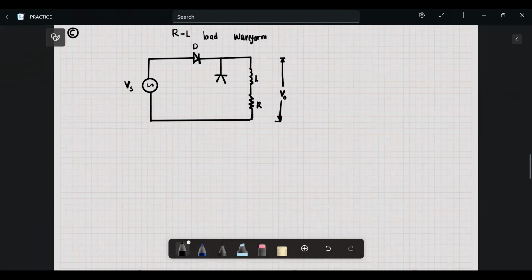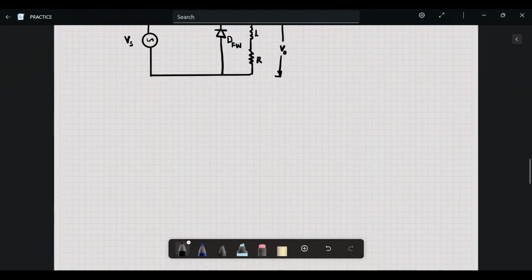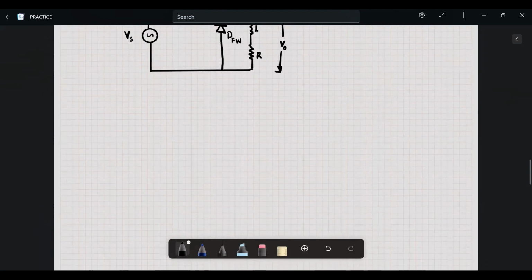This is DFW, the freewheeling diode. Now let's draw the waveform. It almost looks like a converter circuit, AC to DC.